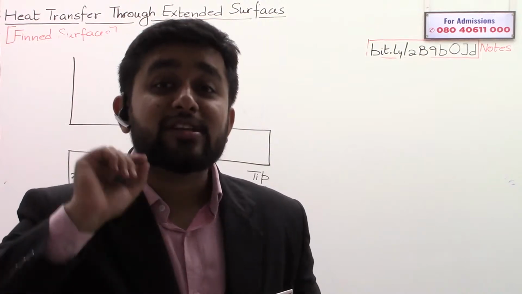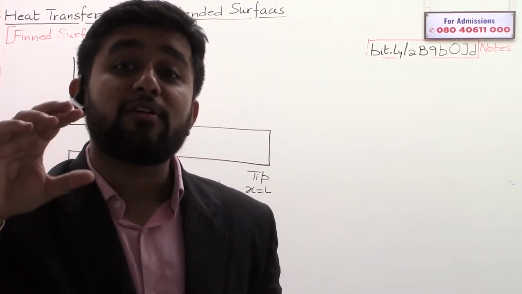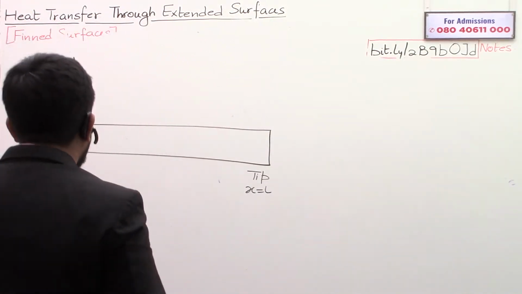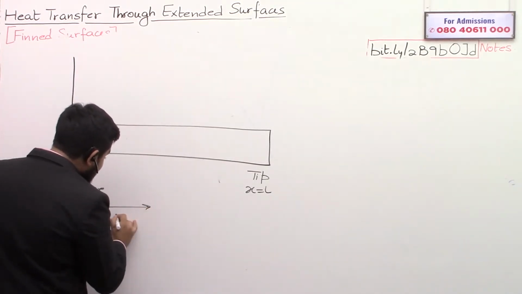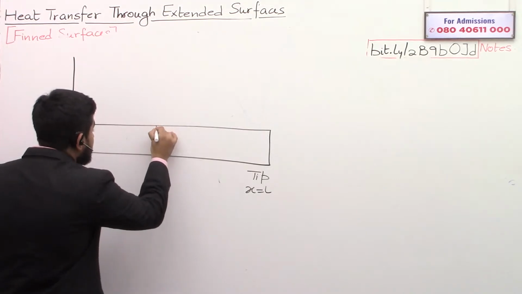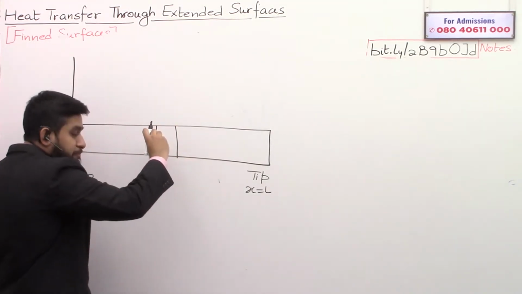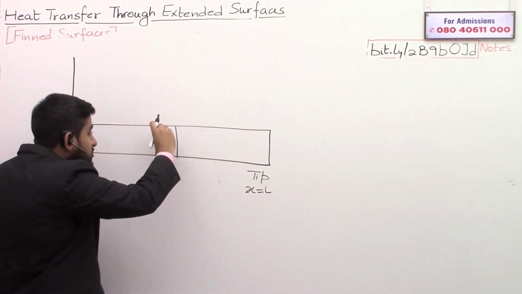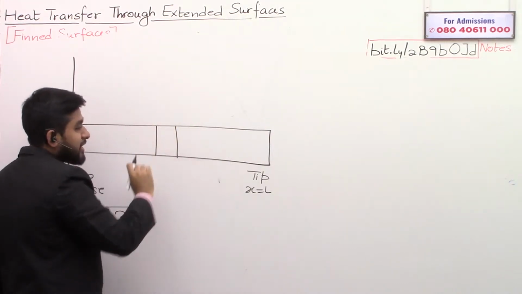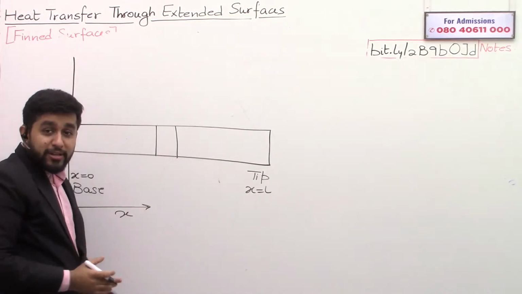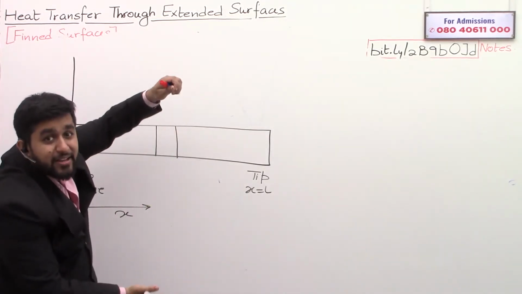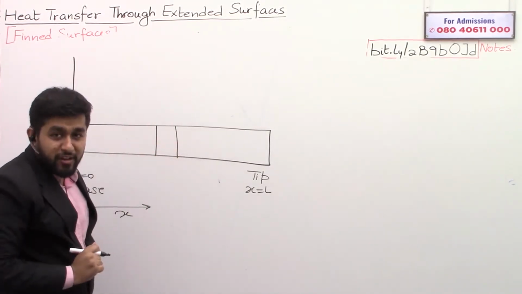But here, instead of taking a very small element, I will take a bigger element. At distance x, let us say there is a big element. Big element means it covers the entire thickness and entire width of the fin.